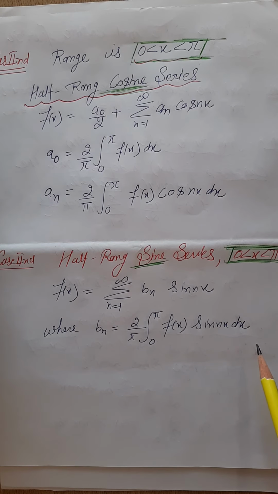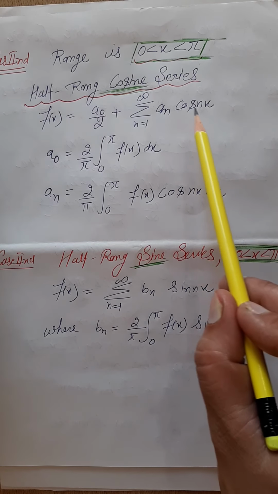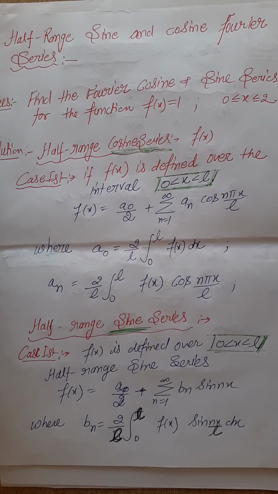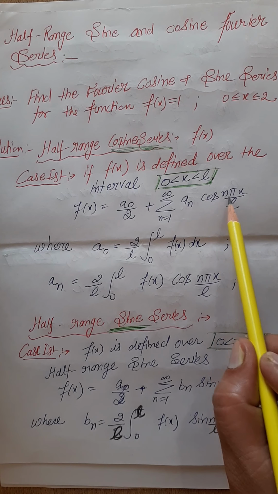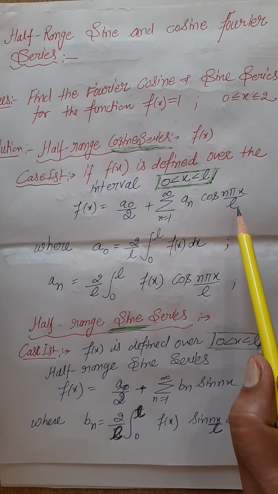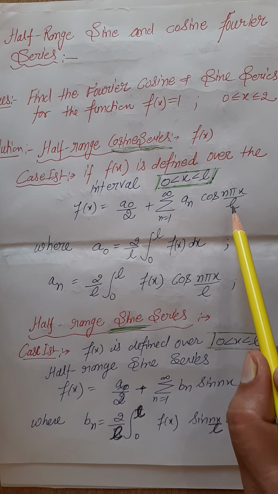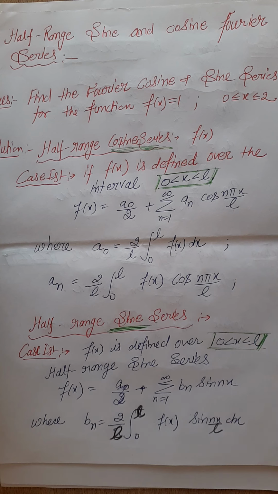You can observe that we write here cos nx, and in our previous formula we write cos n pi x upon L. That is the basic difference. Here we write L, and in the second part we need not write pi in the denominator.